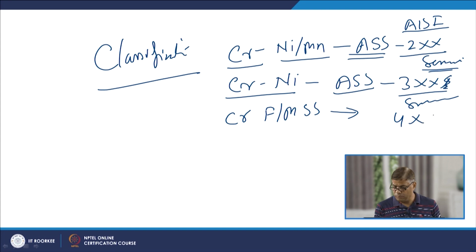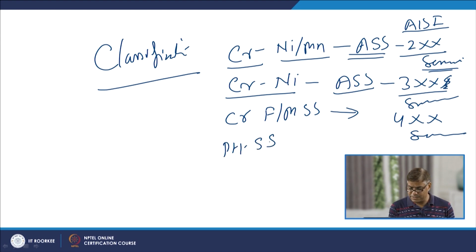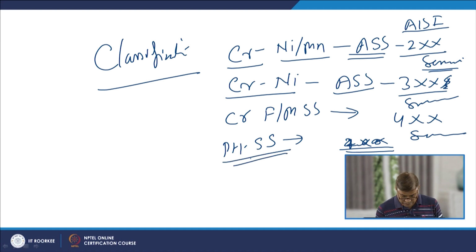We have the 400 series of the stainless steel. For precipitation hardenable stainless steel, both the ferritic and martensitic classifications are applicable, but these will have specific alloying elements which will respond to the precipitation hardening during the aging process. So, the 400 series is applicable for the precipitation hardenable stainless steels.